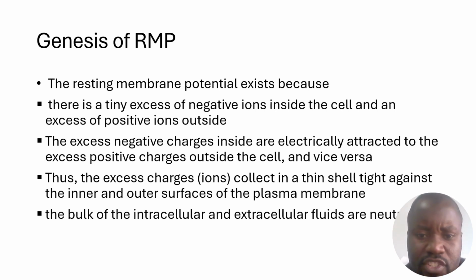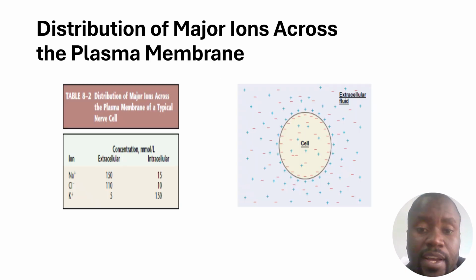Thus, the excess charges collect as a thin shell tight against the inner and outer surfaces of the plasma membrane. This makes the membrane behave like a battery, with a positive terminal on the outside and a negative terminal on the inside.